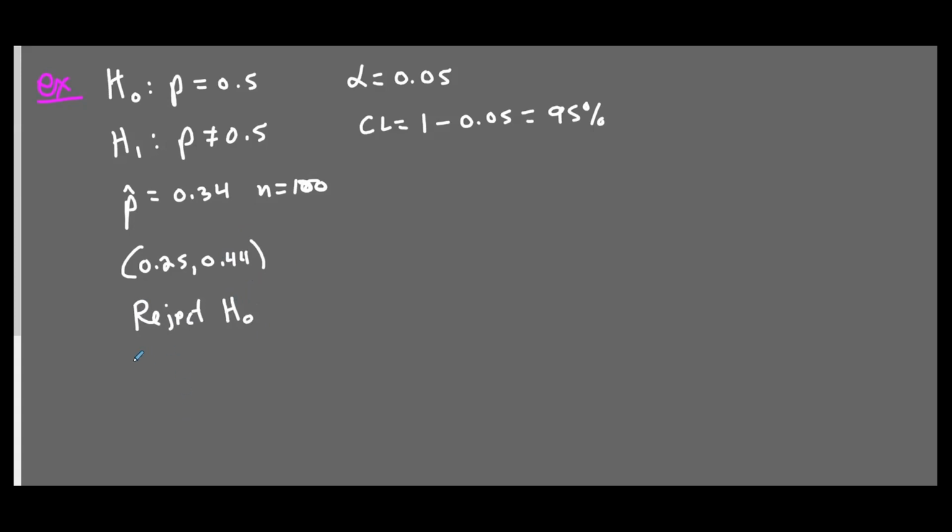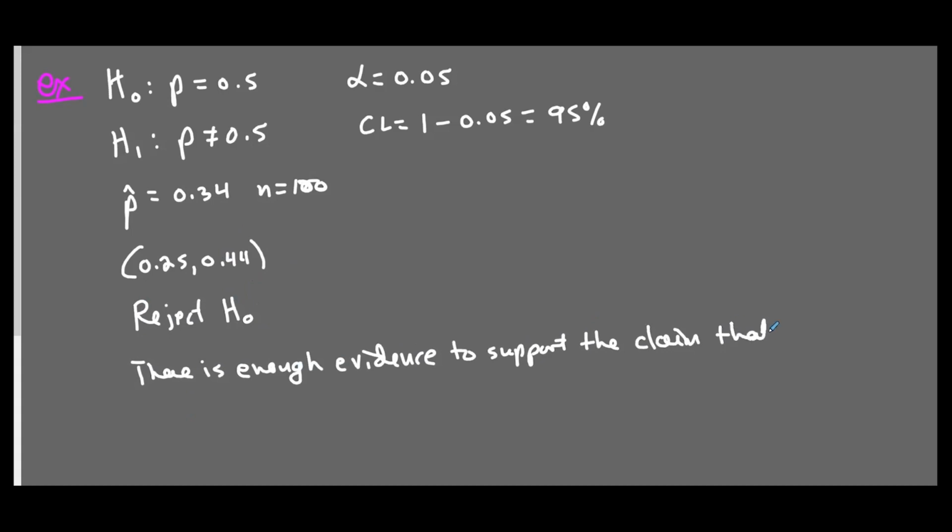And our conclusion is that there is sufficient evidence or enough evidence to support the claim that the population proportion of white dice is not equal to 0.5, the alternative hypothesis.